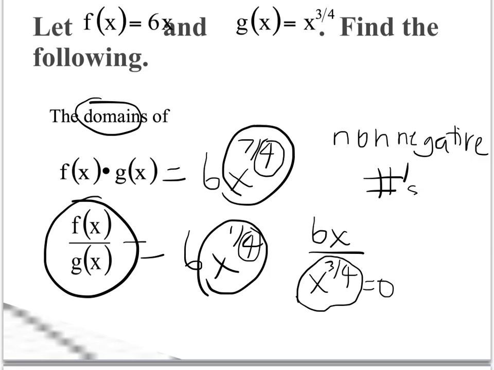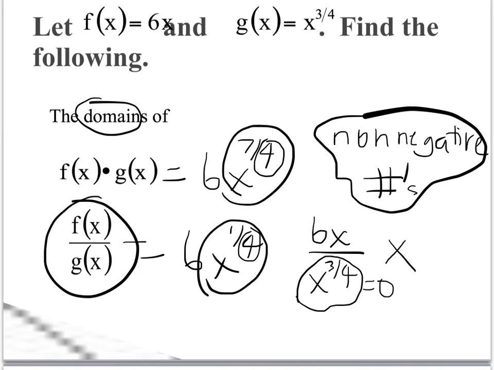So not only for this problem can they not be negative, but they also can't be 0. So in this case, we can easily write this as x is greater than 0. And technically, we can write the non-negatives as x is greater than or equal to 0, because it could be 0 or anything above 0. Either way is completely fine.